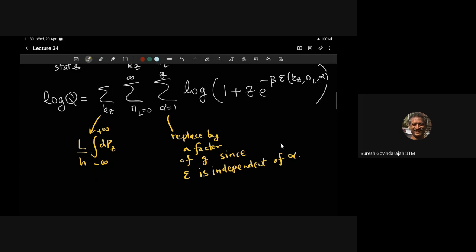This is not exact because it will get messed up at the low values of k. We saw how the semi-classical agrees for large quantum numbers, but not for small. So this is an approximation, but it's good enough for many things.